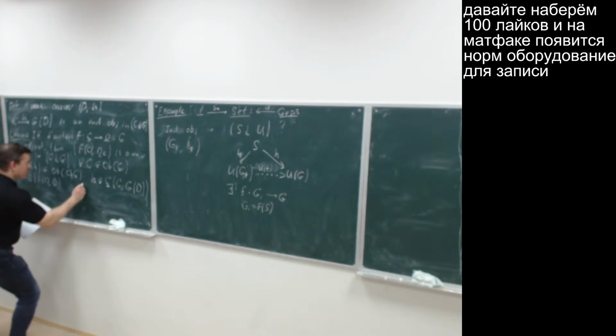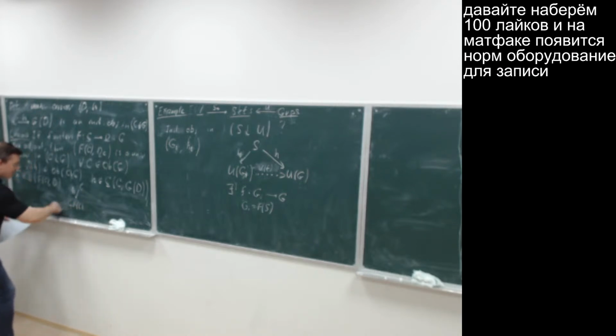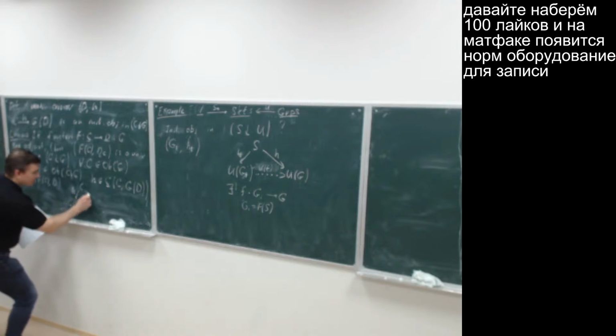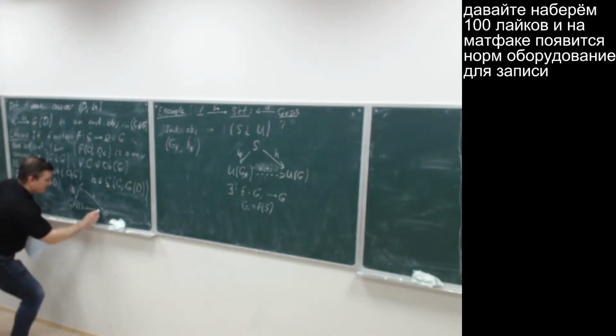Okay, now I have this diagram. I have C mapped by eta sub C to G F of C. This is the unit of the adjunction. And I want to show that this is an initial object. Well, suppose I have any other object, H, so I start with some object D and H, and I want to construct a map here.